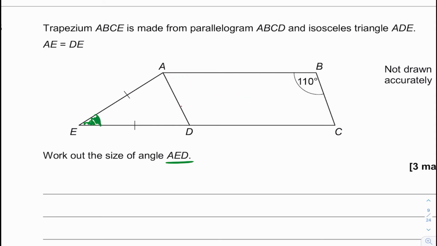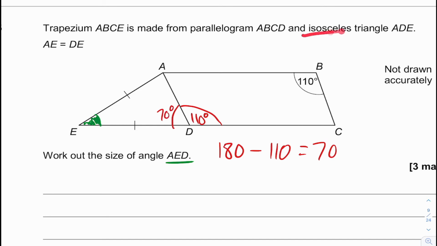So we can label this as 110 degrees. Then the next thing to notice is we've got a straight line here, and we know one of the angles on our straight line, so we can work out the remaining angle. In our straight line we have 180 degrees, and if we take away 110 we are left with 70 degrees. So this angle here is 70 degrees.